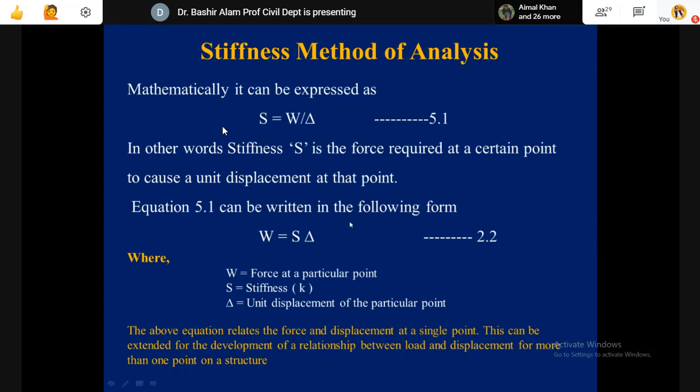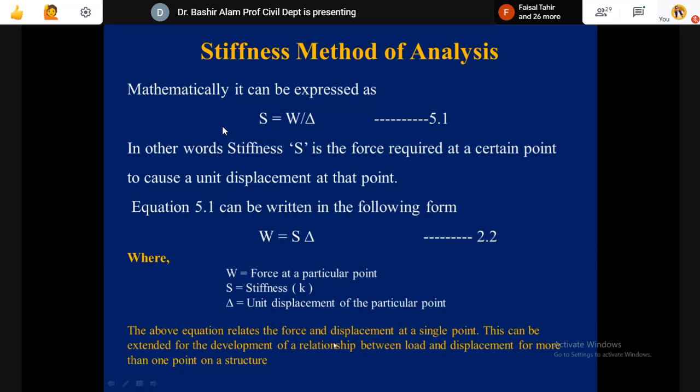Equation 5.1 can be rewritten, just a rearrangement of this equation: W is equal to S times delta, where W is the force at a particular point, S is the stiffness. Sometimes it is denoted by K also. So K or S we will use as a symbol for the stiffness, and delta is the displacement of the particular point.